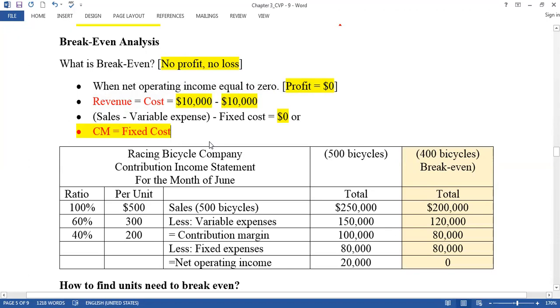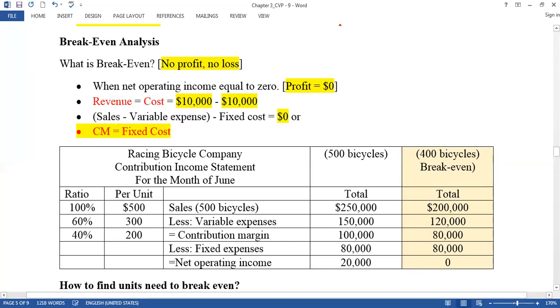If you remember this, then this chapter is very easy to solve the break even part. You don't need to remember revenue minus cost, you don't need to remember sales minus variable cost minus fixed cost equals 0. Just remember only up to this. Contribution margin equals fixed cost.